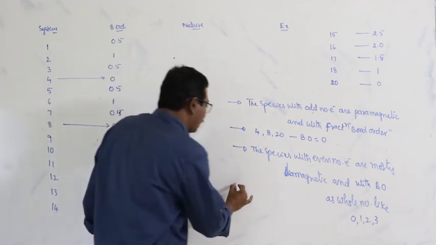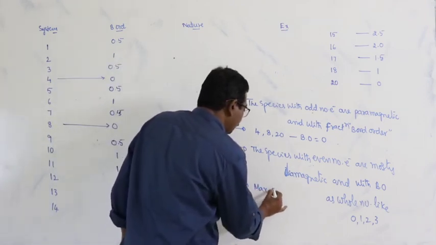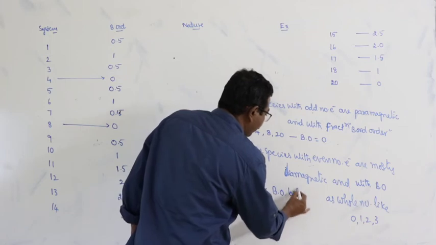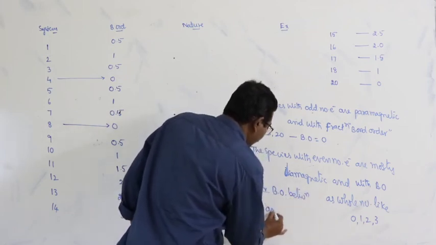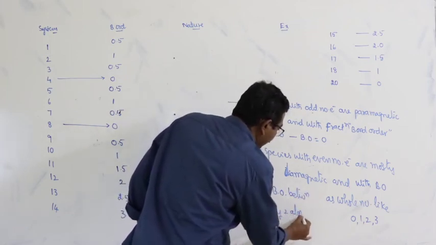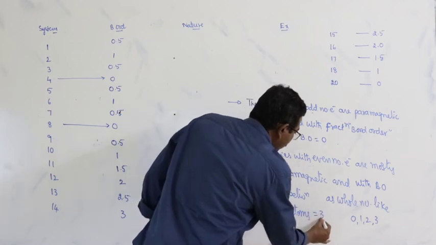The maximum bond order between any two atoms is equal to 3.